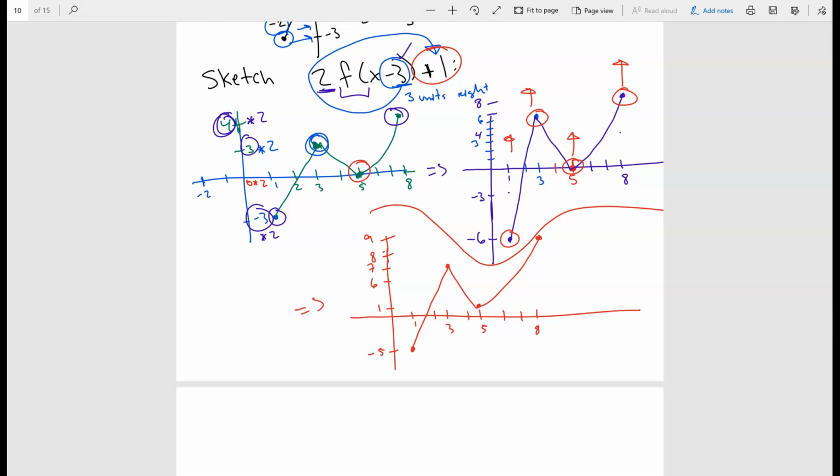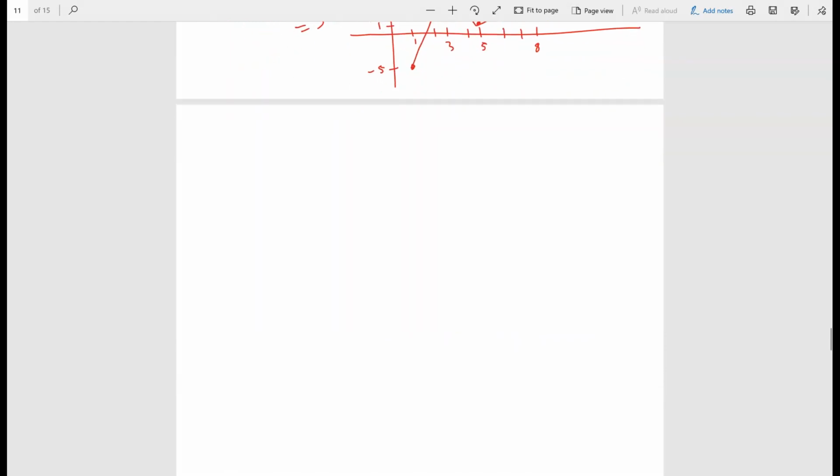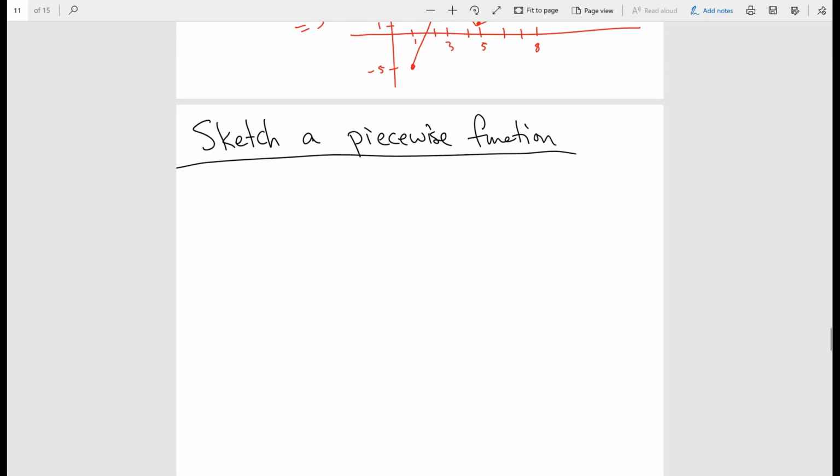Now we're going to end this video with graphing piecewise functions. Now that we have an idea of what the parent graphs look like, we're going to sketch a piecewise function. If you remember, a piecewise function is just a function in various pieces.